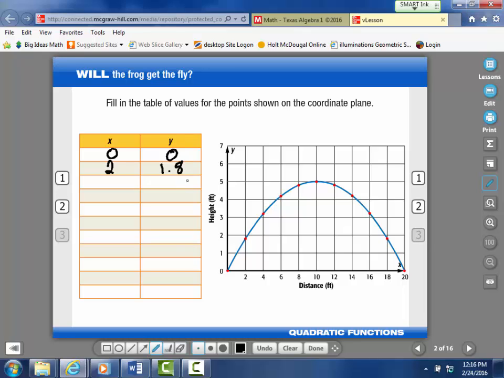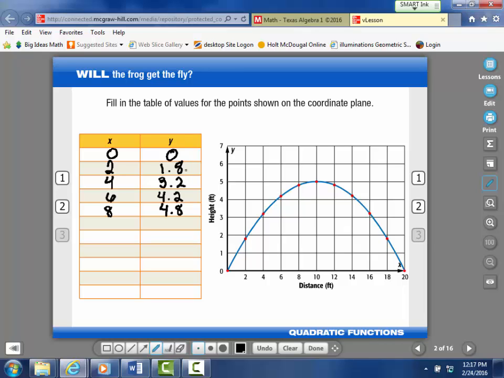And then the next point at 4, we're going up a little more than 3, so we're going to call that 3.2. And then the next point is over here at 6, and it looks like it's at about 4.2. And then the next point would be at 8 and 4.8.